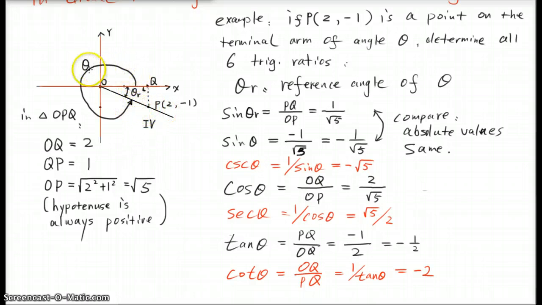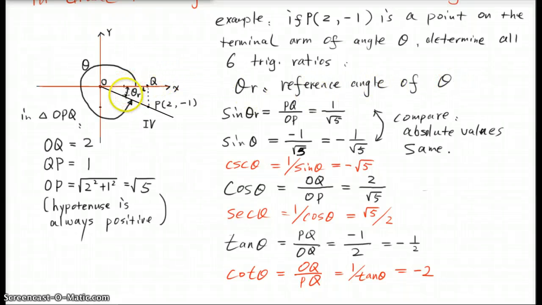So let's just take this angle, turned counterclockwise, as an example. To find the ratios, we actually look at this reference angle, theta r, which is the reference angle of theta.